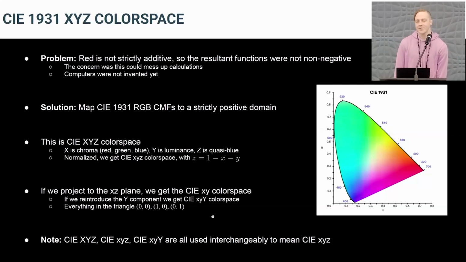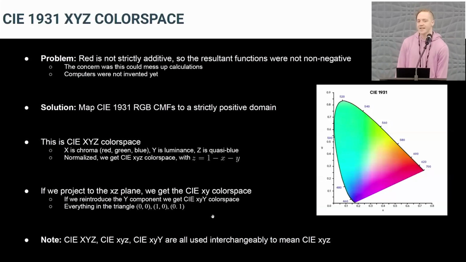There was concern that this would mess up calculations because computers didn't exist yet. And so the solution was to map your CMFs to a strictly positive domain. In doing so, you derive something called CIE XYZ color space with a few convenience tweaks like making the luminance component its dedicated Y value. You'll commonly see this used in context to normalization, in which it is CIE lowercase xyz color space.